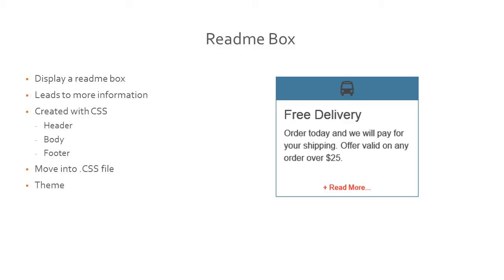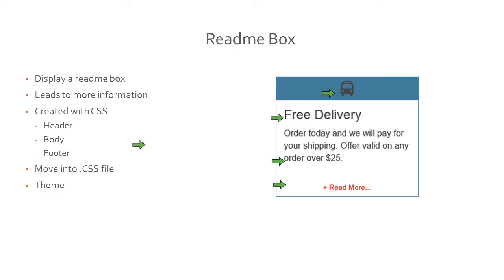And so what I'm going to show now is what I call a Readme Box. This might be used on a home page, or maybe a sales page where you say, hey, I've got a free delivery offer right now. This is going to display a Readme box that will lead to more information.